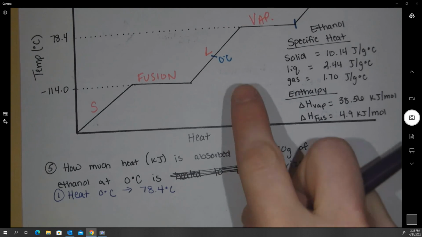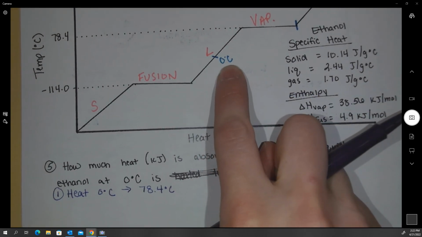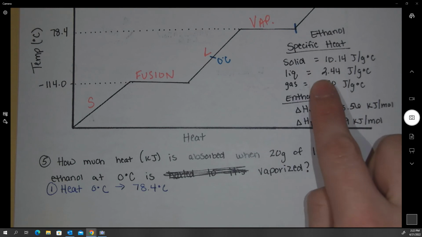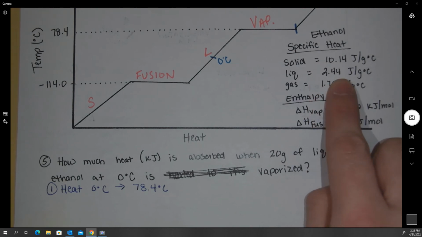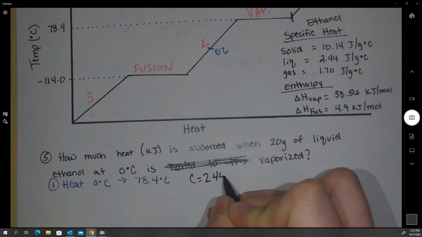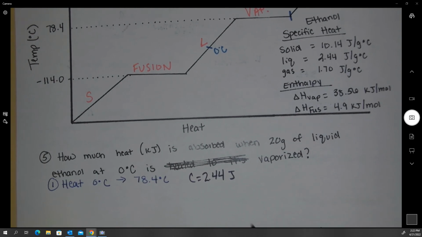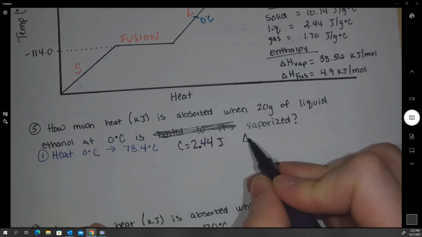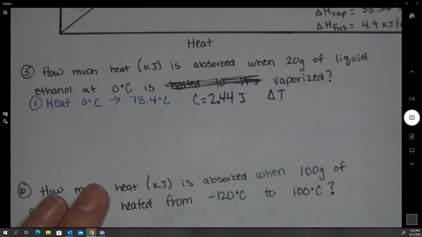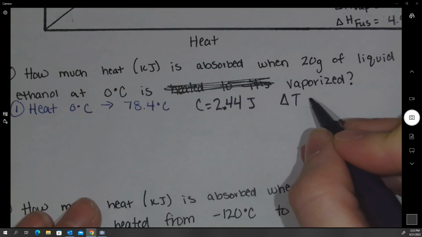Specific heat. This is liquid at 0 degrees Celsius because we already marked up this whole graph. So which specific heat am I going to use? The liquid, 2.44. So my C is 2.44 joules per gram degree Celsius. What is going to be my change in temperature for this one? Yes, 78.4.